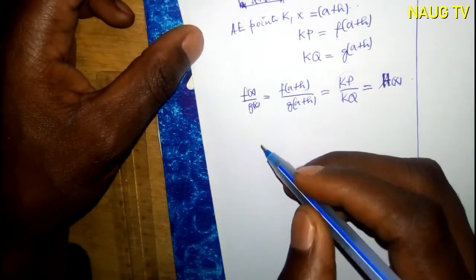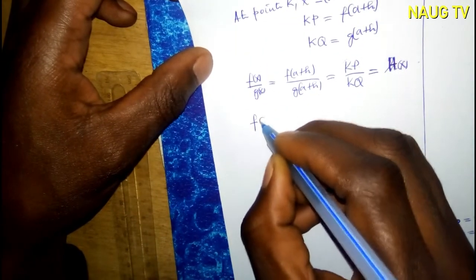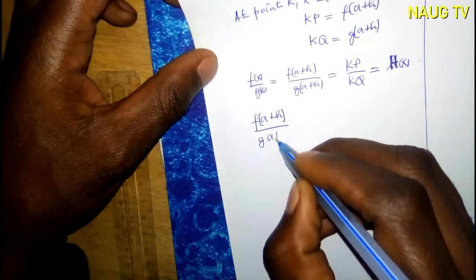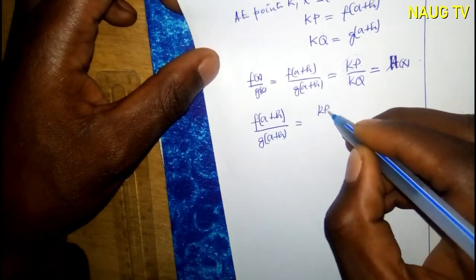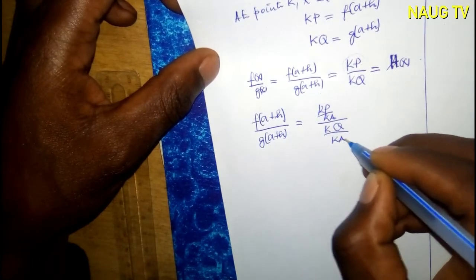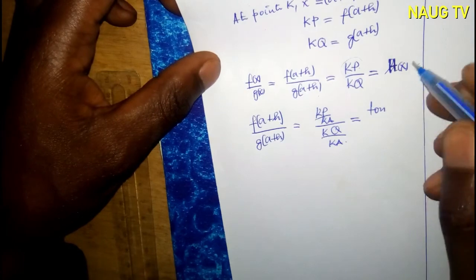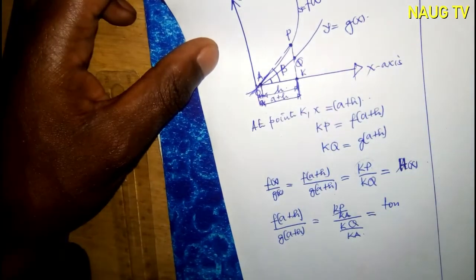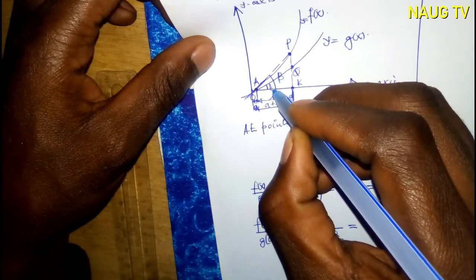we'll have f of a plus h over g of a plus h, which is equal to KP over KA, over KQ over KA, and this one is equal to tan of angle, let's call it beta, and this one let's call it alpha.